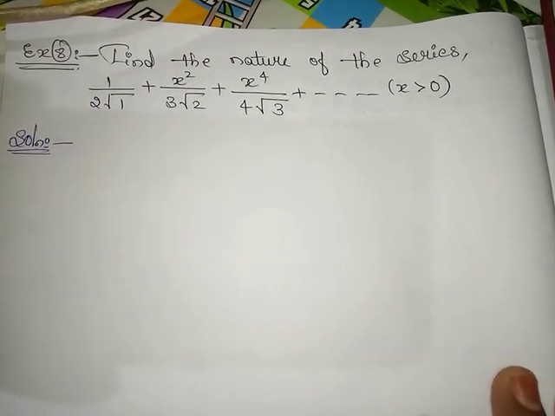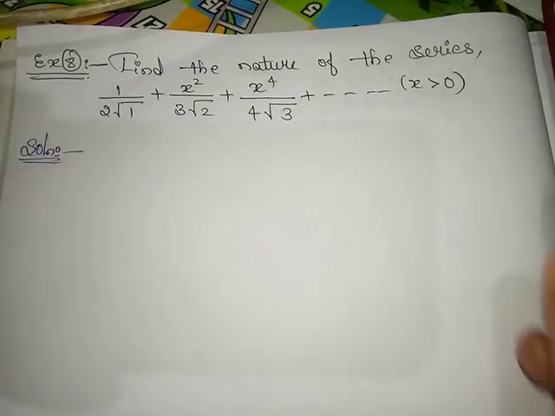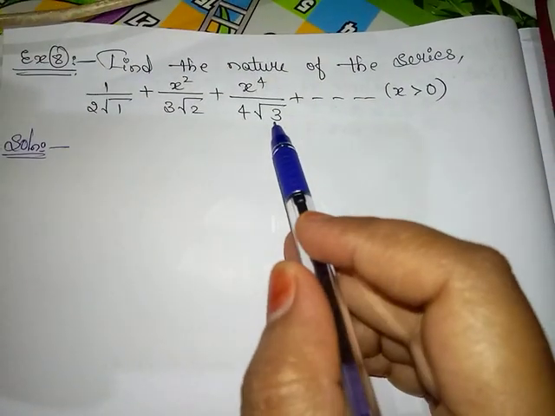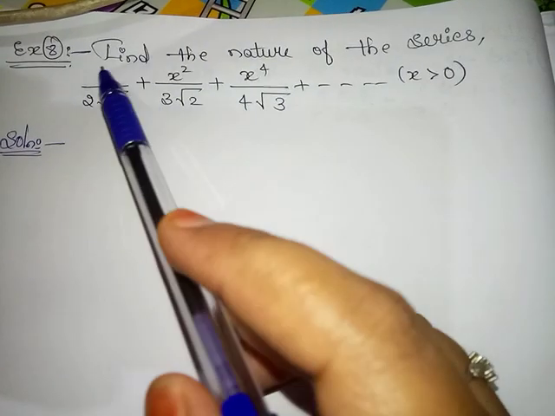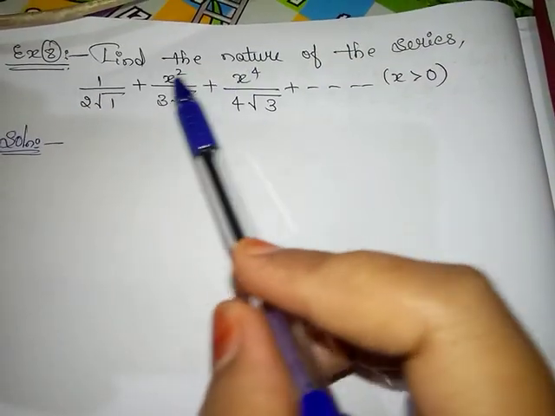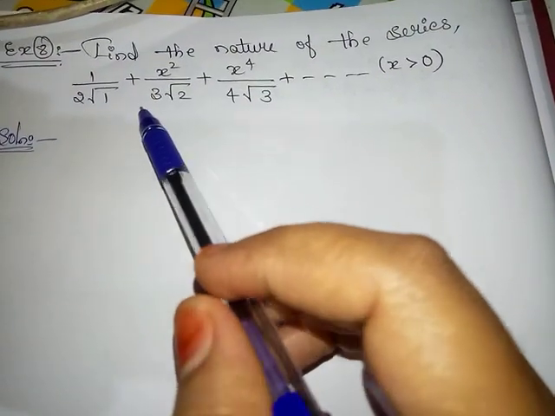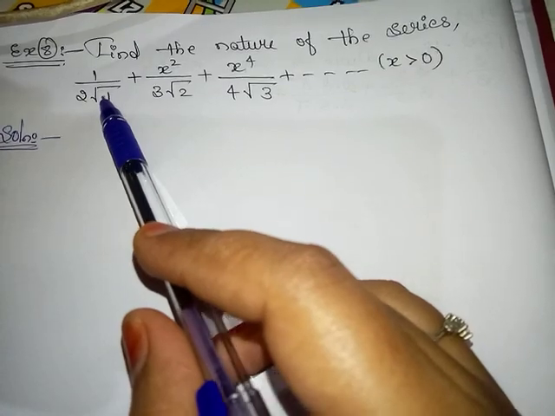First we have to identify what will be the nth term of this given series. On seeing this series, in the first term we don't have any value of x, but in the remaining terms we have the x term. In this case we have to omit the first term.